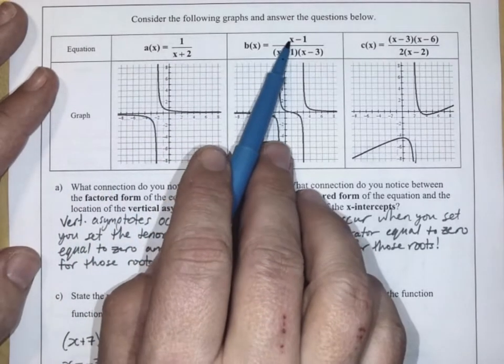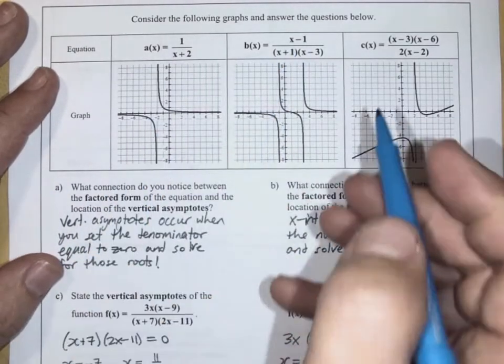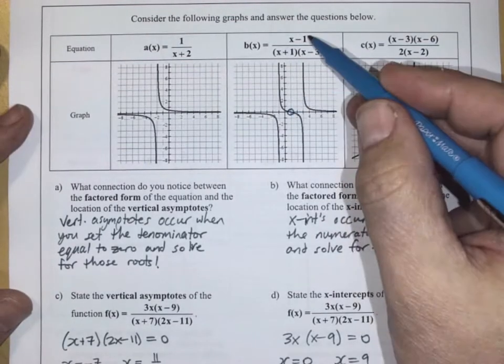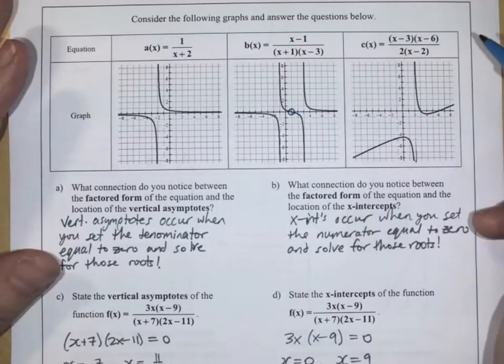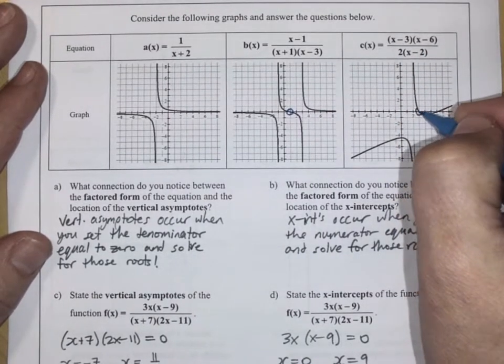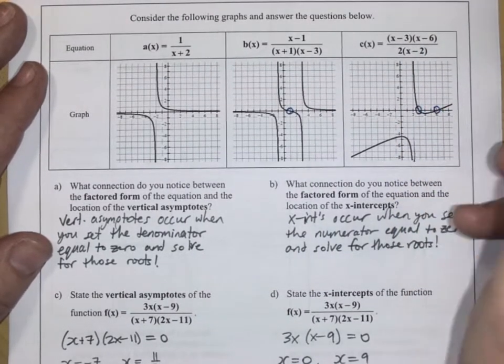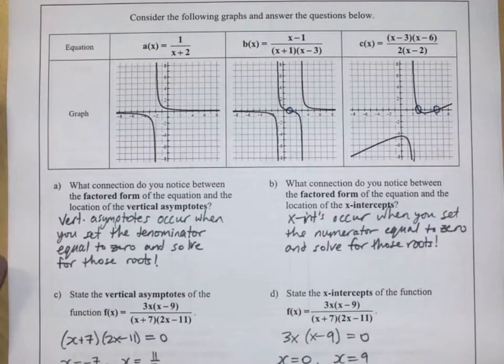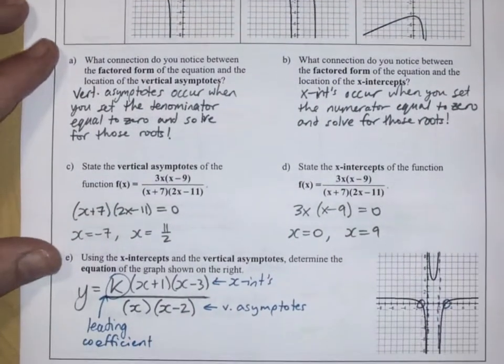Here, if I set x minus 1 equal to 0, however, there is an x-intercept right here at x equals 1. That corresponds with the numerator. Here we have 2 x-intercepts at 3 and 6. 3 and 6 is where this graph crosses the x-axis. But all of those come from the factored form of the numerator.